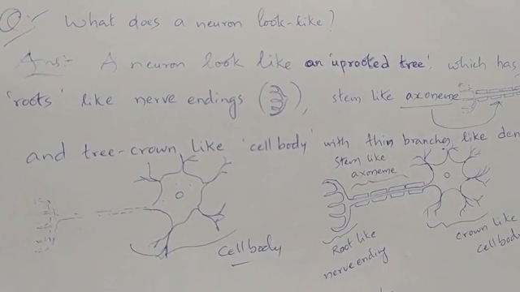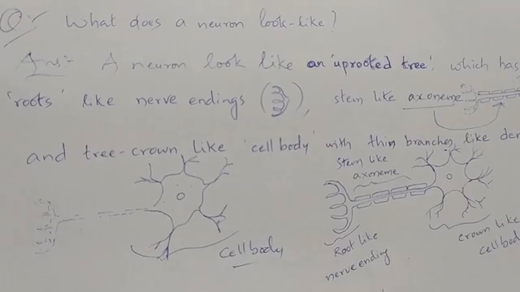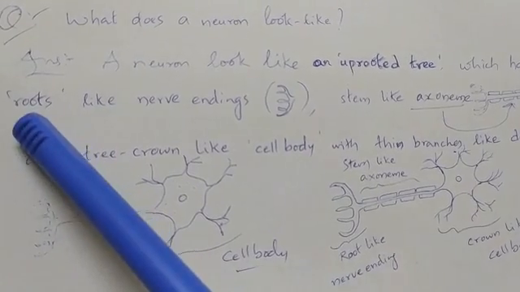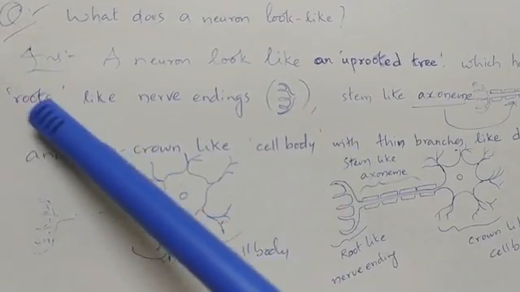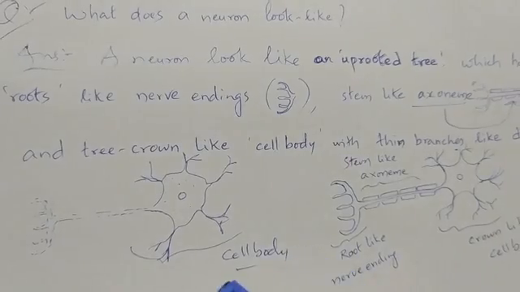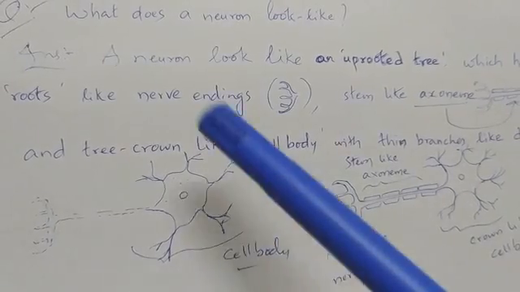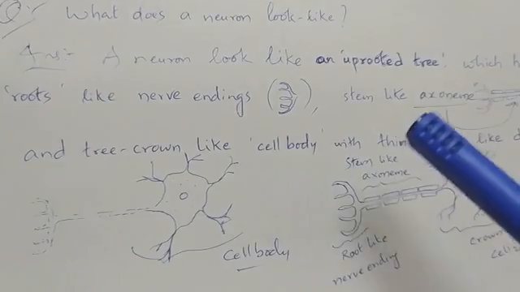In an uprooted tree, the roots are like the nerve endings. So in a neuron, nerve endings are like roots.